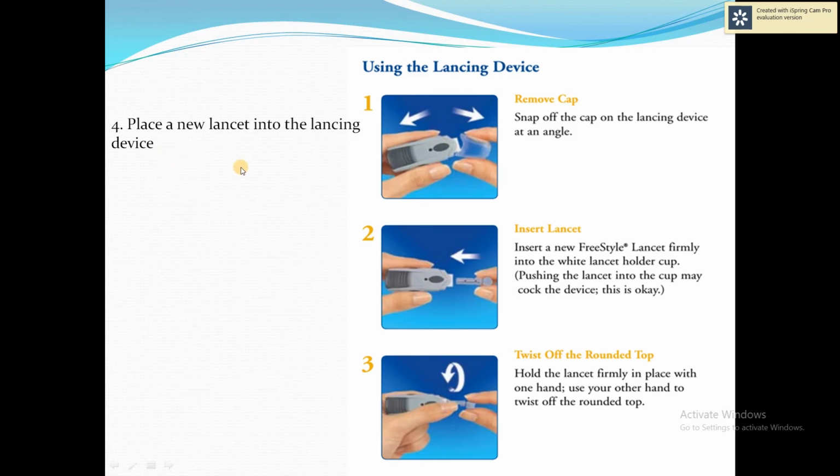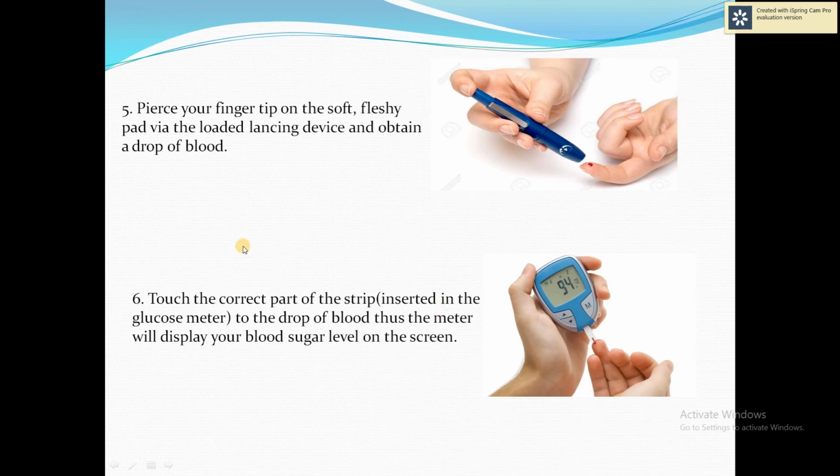How you are going to use the lancing device: remove the cap of your lancing device, insert the lancet into your lancing device, and twist off the rounded cap of the lancet so that you can expose the needle of the lancet. Now pierce your fingertip on the soft, fleshy pad with the loaded lancing device and obtain a drop of blood.